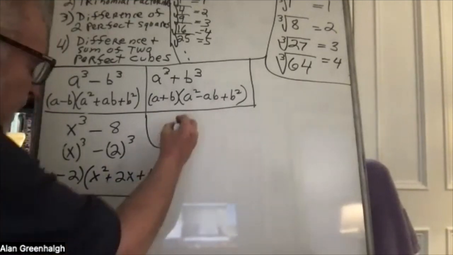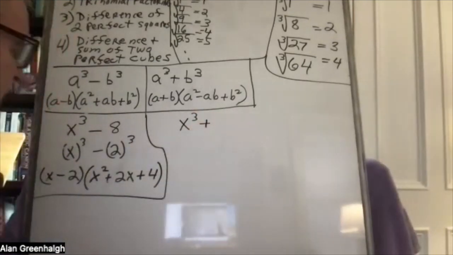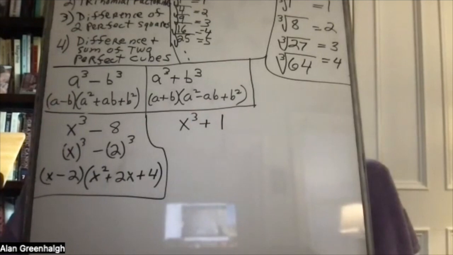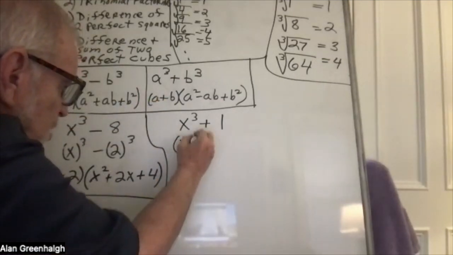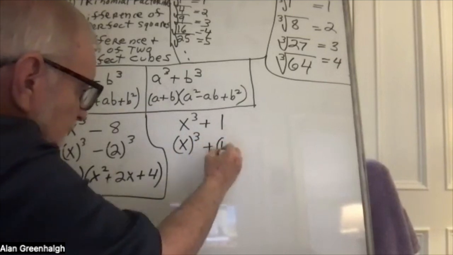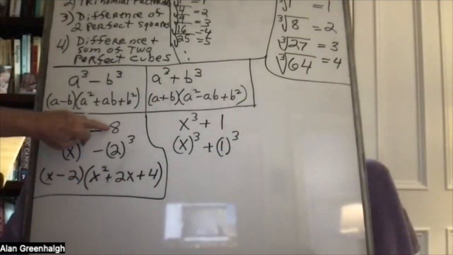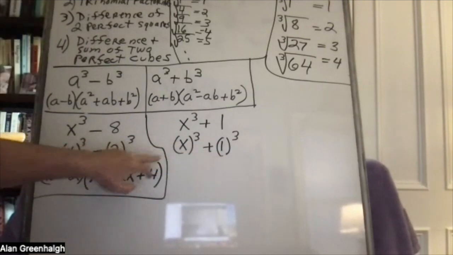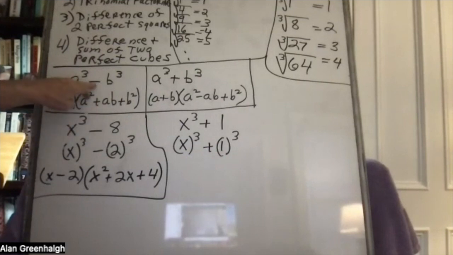Let's do a sum. Let's do x to the third plus 1. So first, the way we wrote this, let's write this the same way as x to the third plus 1 to the third. Always write the perfect cube in terms of its factor, right? And now the formula we're using is not going to be this formula, because that's with the negative.